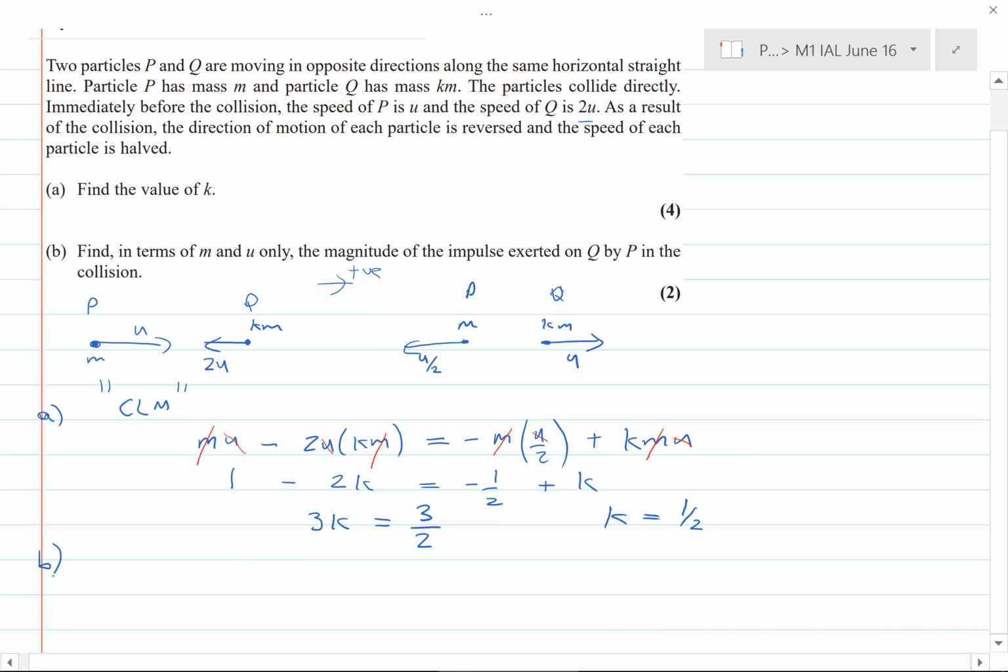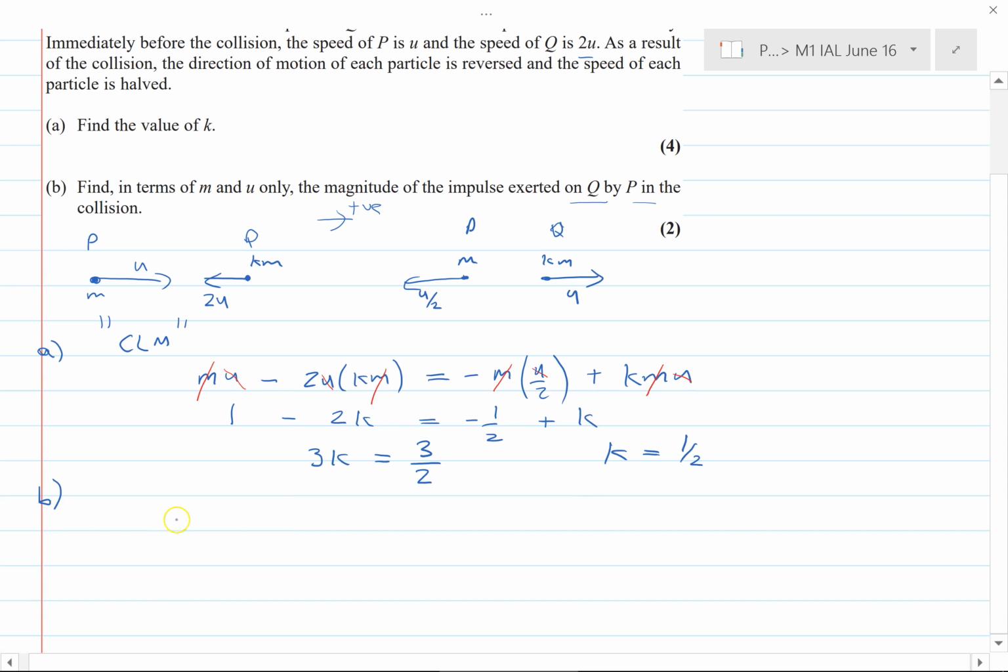Part B, find the magnitude of the impulse exerted on Q by P. Well, during the impulse stage, we'll have an equal and opposite impulse acting on these two.